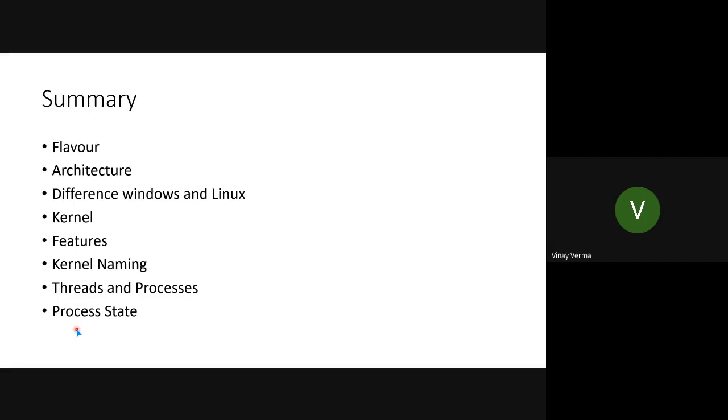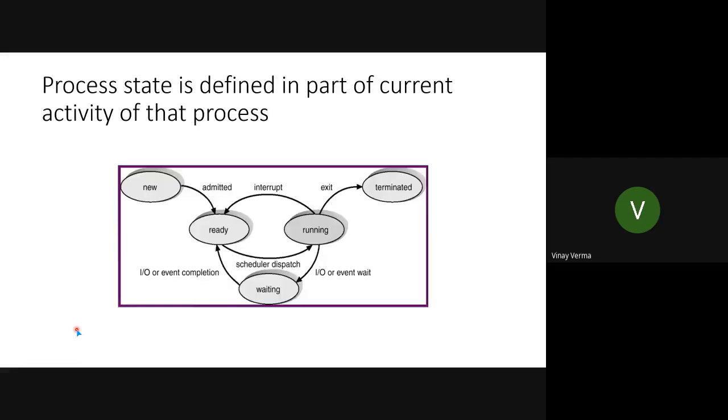So process states: first the process comes into execution, then it becomes ready. Then after being ready, it gets executed. Then if the user exits it, it gets exited. If the user restarts it, then it goes to the waiting state and restarts again. So a new process goes to the ready state. Ready state means it is ready to be executed.